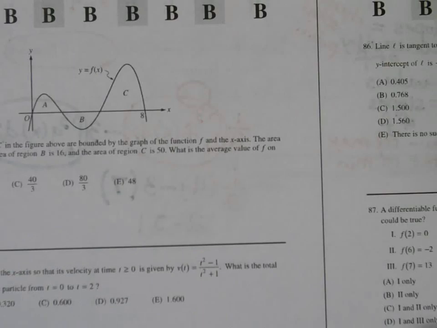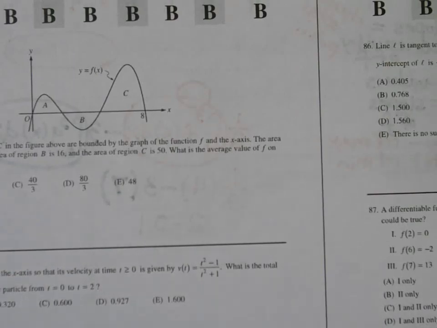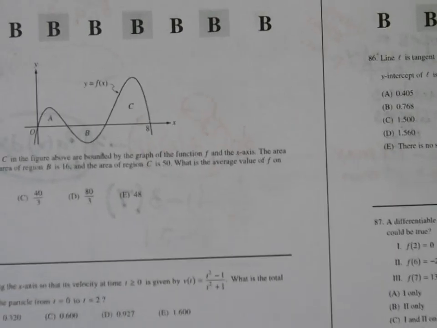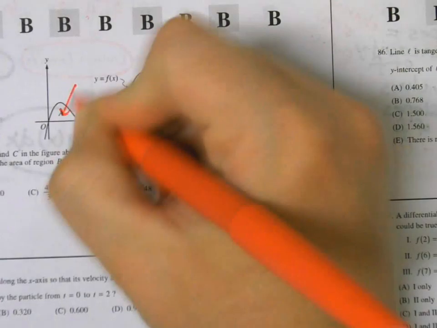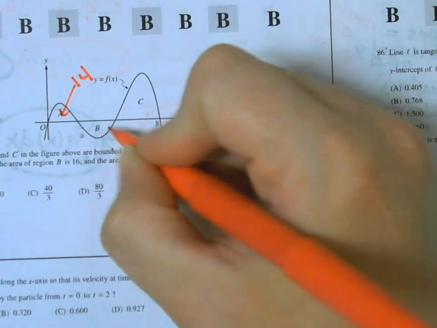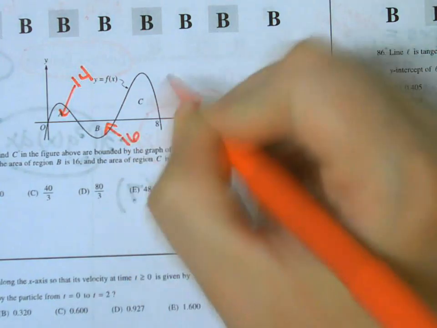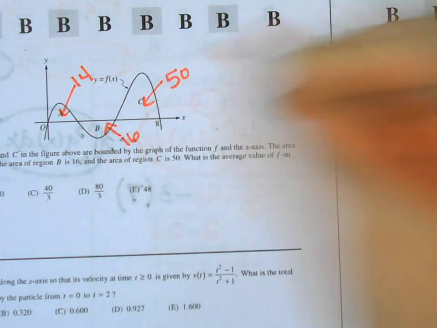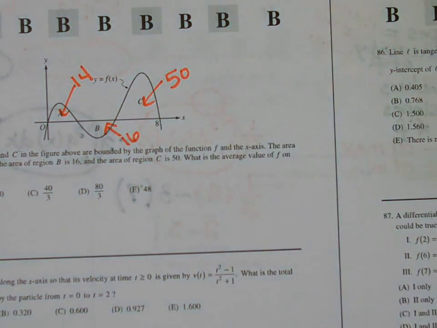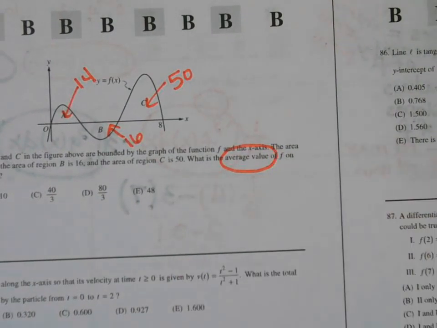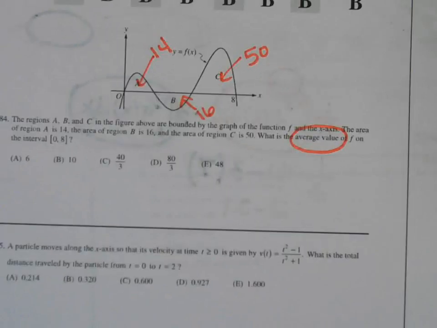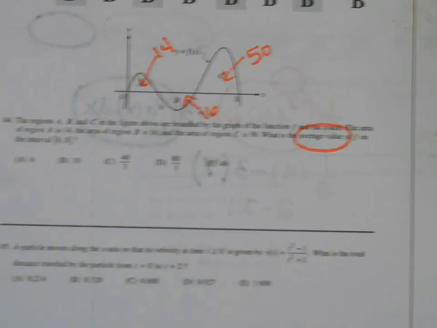Alright, so we're just going to put this in the calculator. So we're going to do the integral from 0 to 2 of the absolute value of t squared minus 1 over t squared plus 1 dt. 0.927.